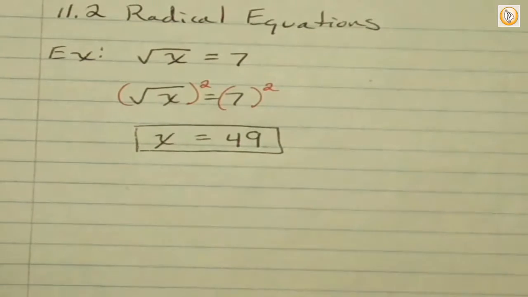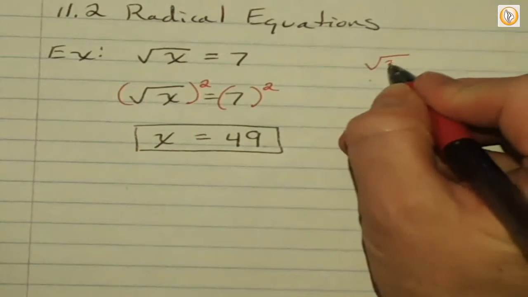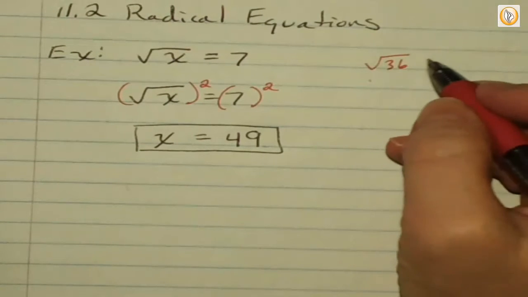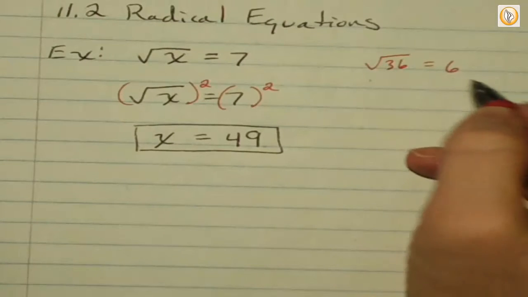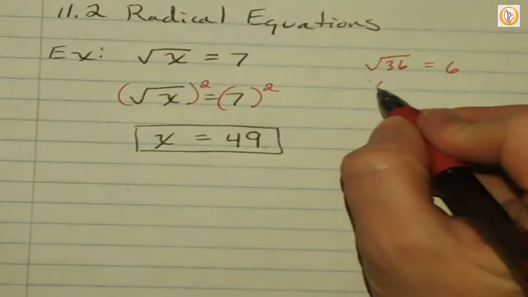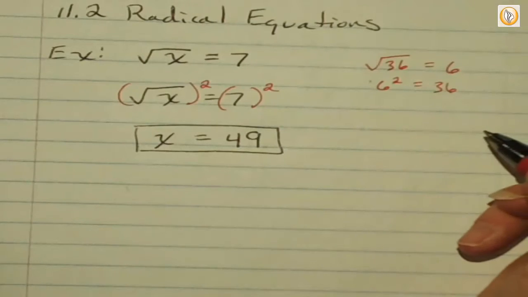Okay, so think about what we're doing here. The square root of something. If I were to do the square root of 36, what would that be? 6. So it's basically 6 squared, right? Correct?